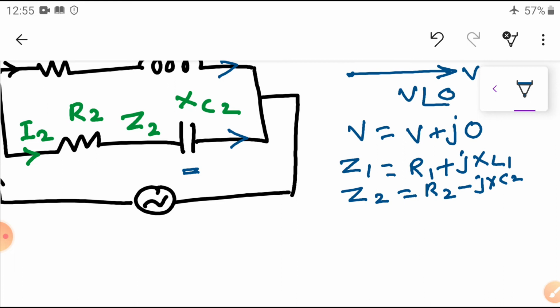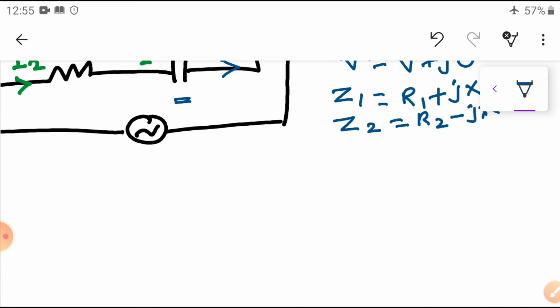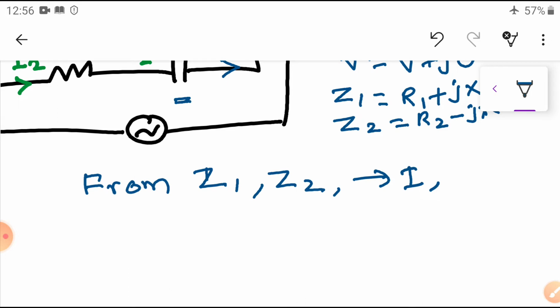Now in rectangular form, how are we going to do it? If you know Z1 and Z2, I am going to find the corresponding I1 and I2 from the voltage.